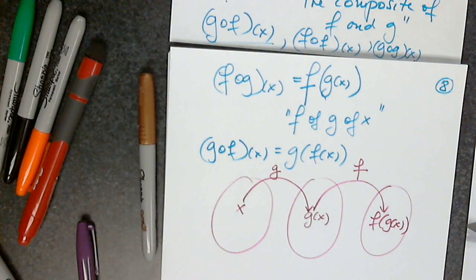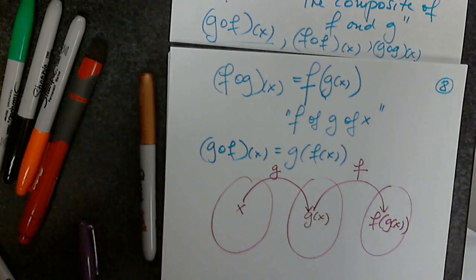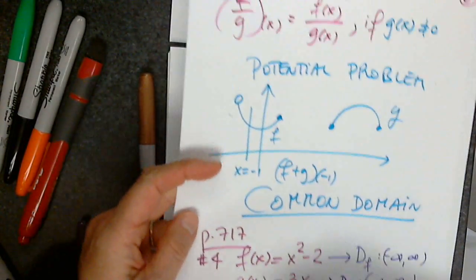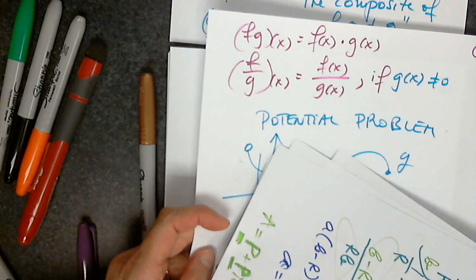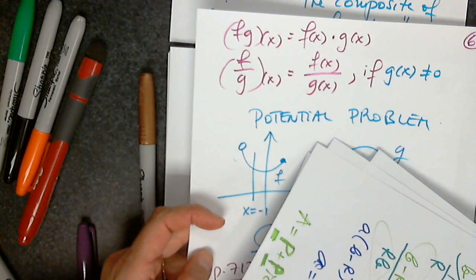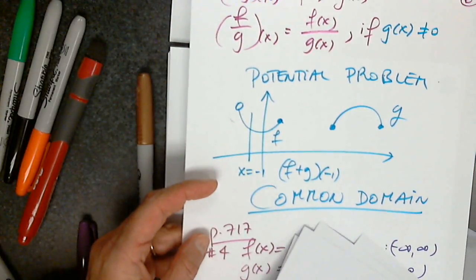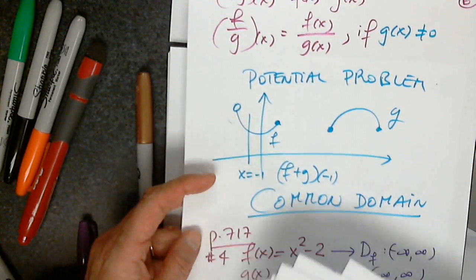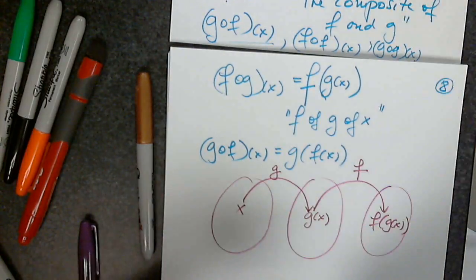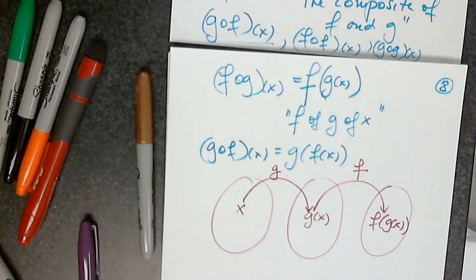Now, like before, there is a potential problem. With the sum, difference, and product, the potential problem was not having a common domain. But here, we do not have to determine in this class the domain of the function composition. We do not.